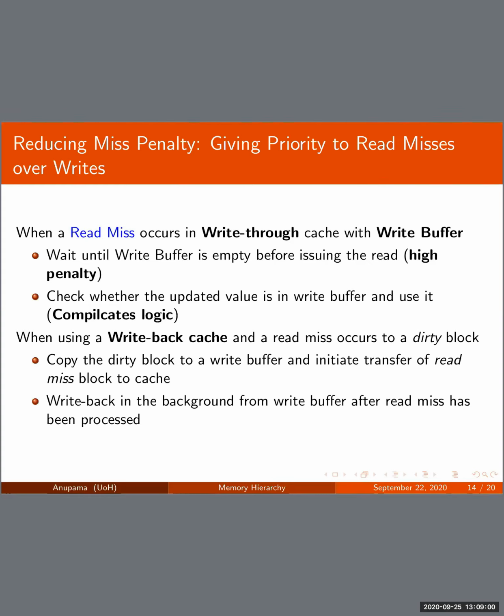But when you talk about inclusion, in practical terms, to my knowledge, what they do is they write through from level 1 to level 2. Because the miss penalty is not that high. I mean, the number of clock cycles to access L2 will be about 10 cycles, say. So they do a write through from the L1 cache and write back from the L2 cache.